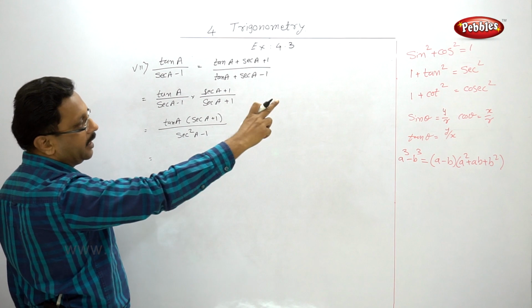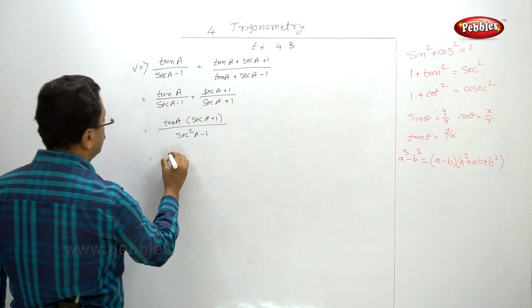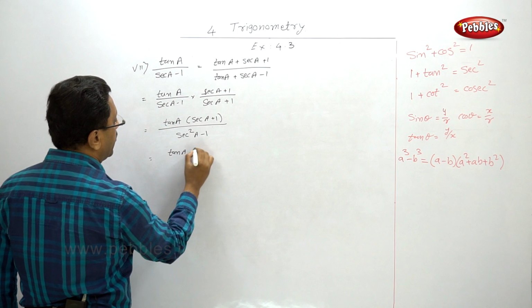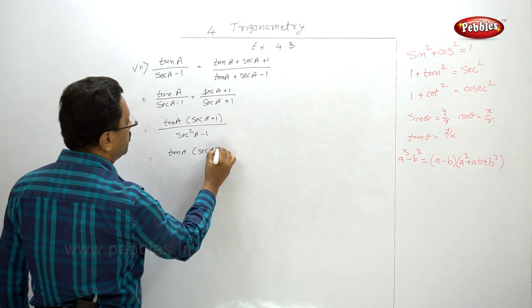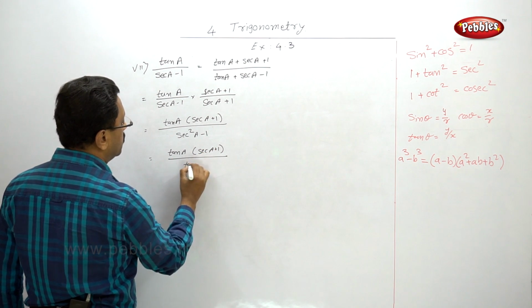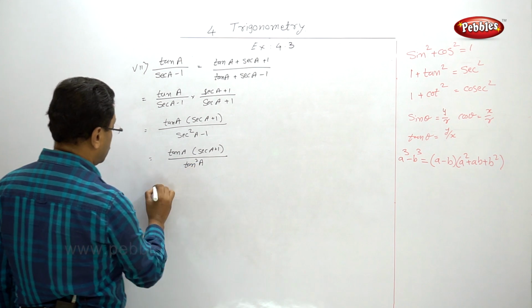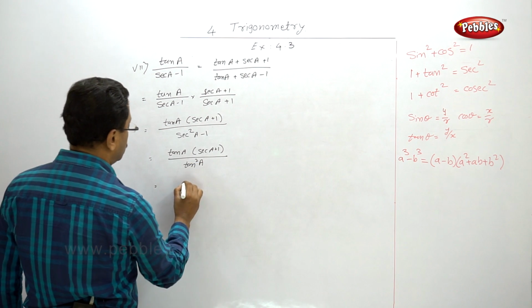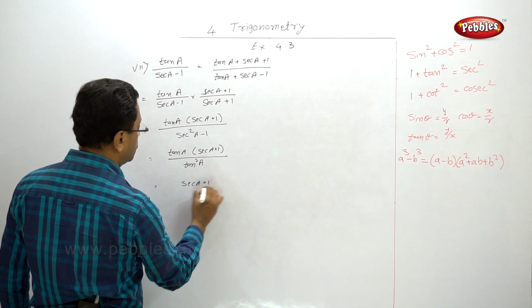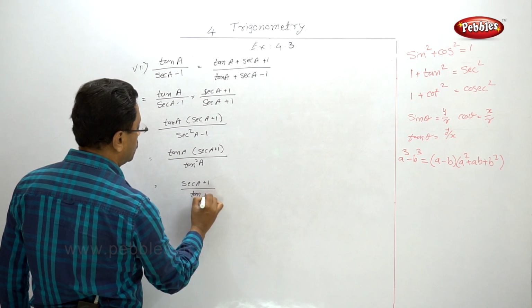And sec square A minus 1 is tan square A. So I have tan A (sec A plus 1) upon tan square A. One tan will get cancelled. So I will have (sec A plus 1) upon tan A.